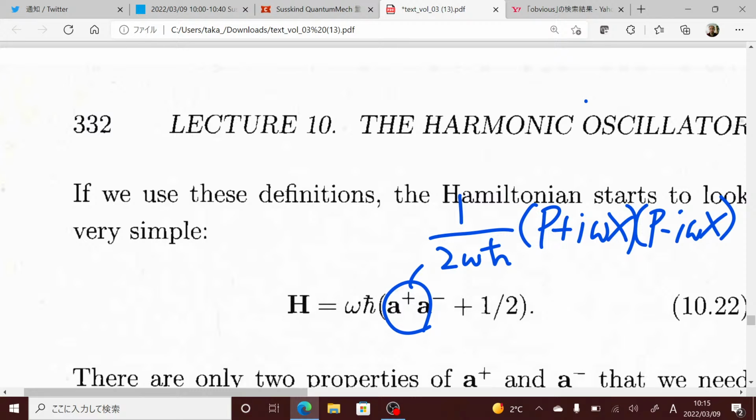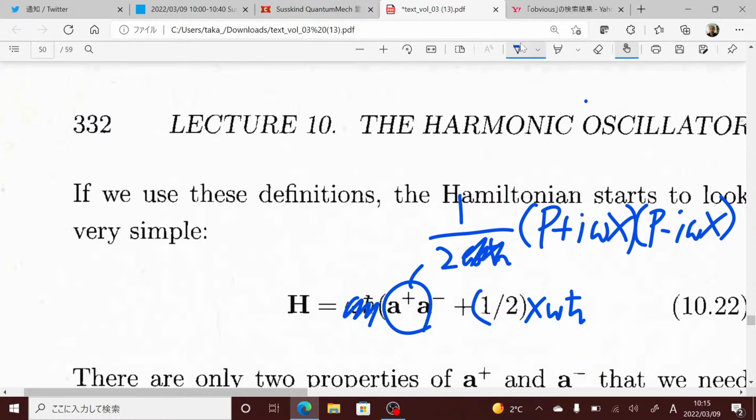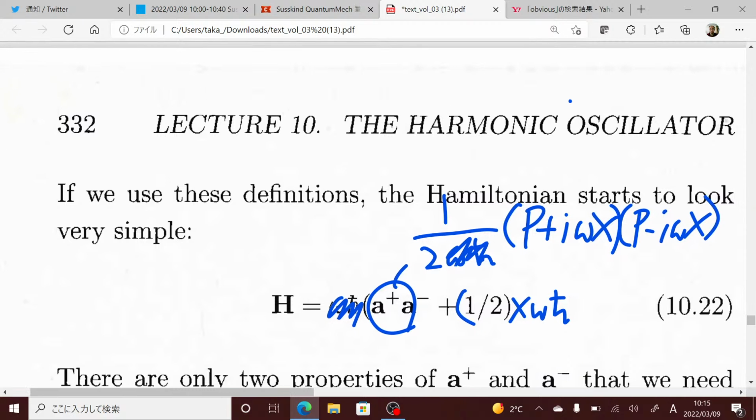Then we can multiply this out. So here we multiply, and the original expression is recovered.